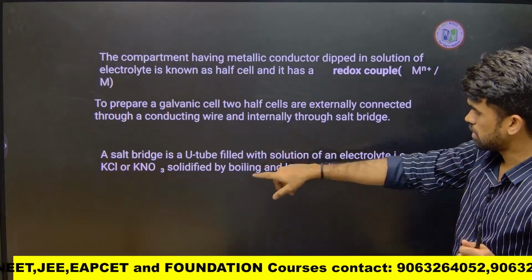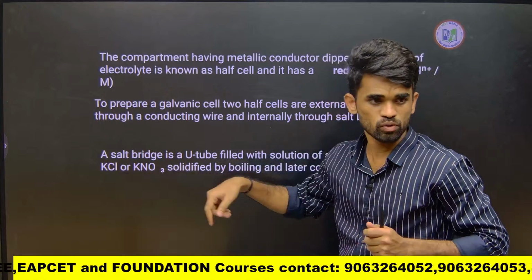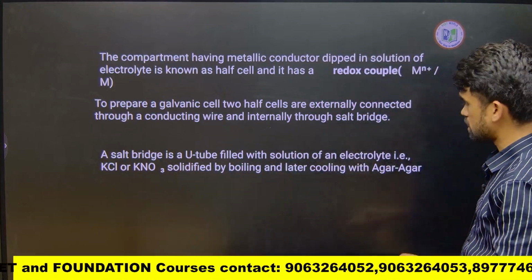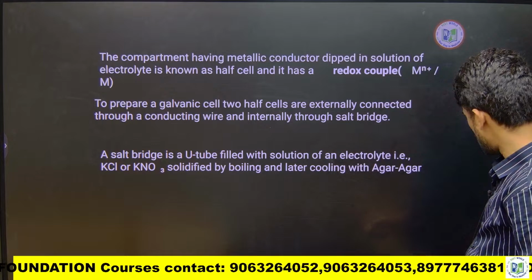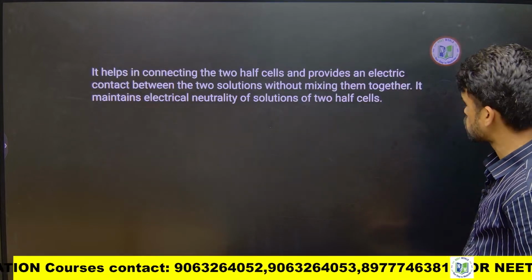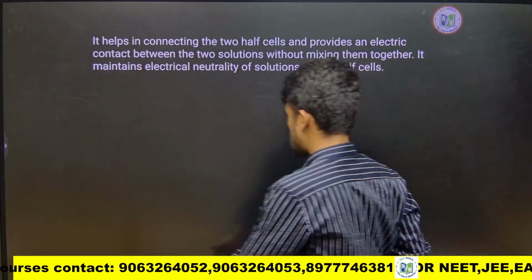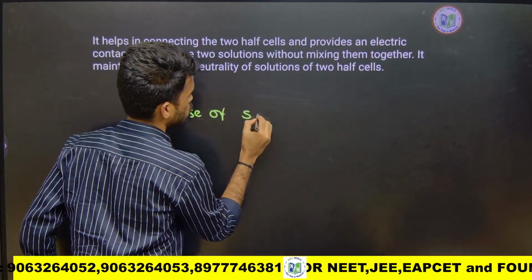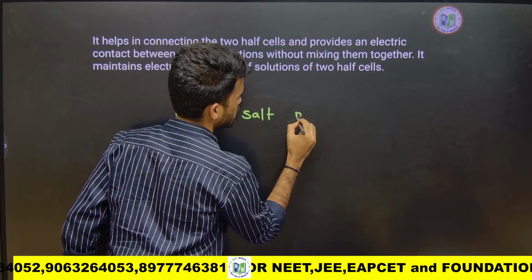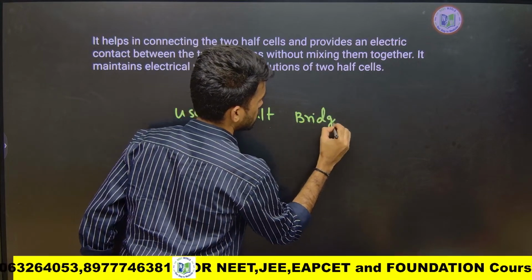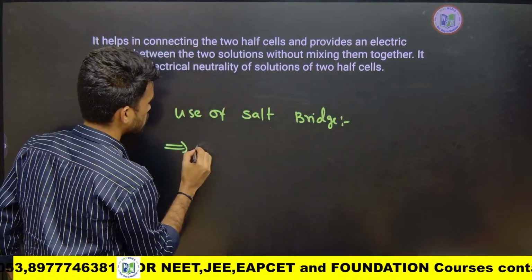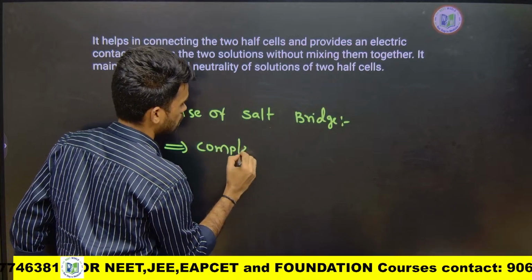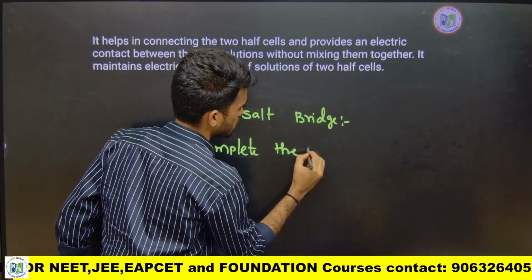So KCl and KNO3 are what we use in the electrolytic solution of that salt bridge. Okay, so now a few important points to be noted about the salt bridge. So what is the use of the salt bridge? You can write: the salt bridge is used to complete the circuit.